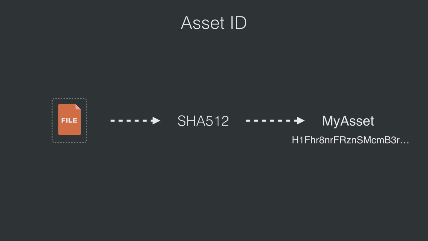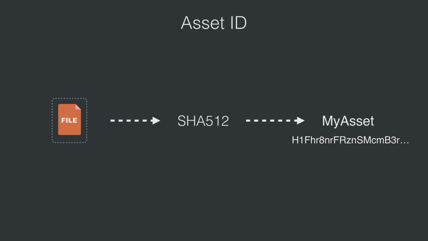So the SHA-512 is a cryptographic hash, which means that it's a relatively short number. It's a 512-bit number. It's a 64-byte number, which creates a string like the string under my asset here on the right. It would be even longer than that.